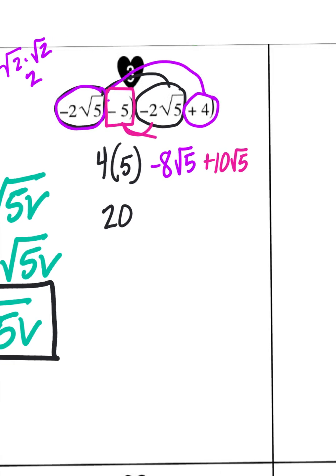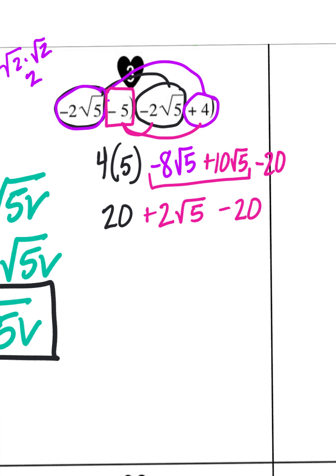And then negative 5 times 4 would be negative 20. These two are alike. So negative 8 plus 10 is 2 square root of 5 minus 20. This 20 minus 20 cancels out, so you're left with 2 square root of 5, and that would be your answer there.